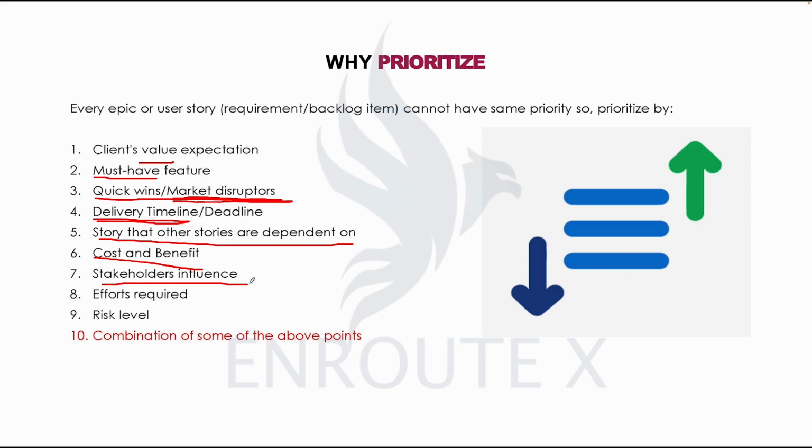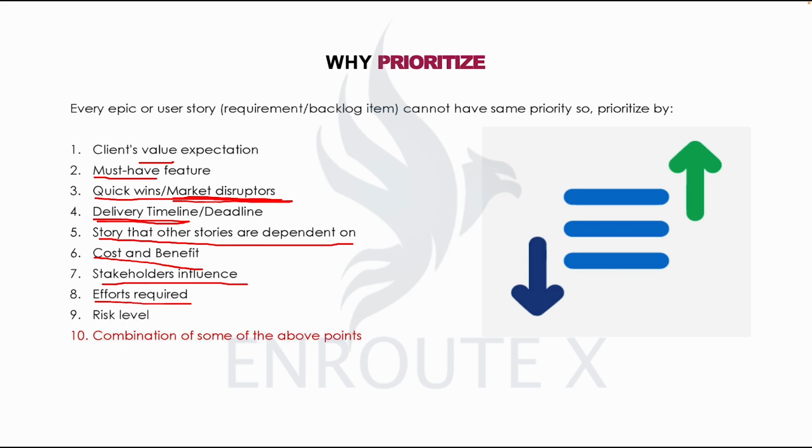Let's take, for instance, you are building some structures for the government, and a particular key government stakeholder wants some of those to be delivered to some specific places first. So that is a major influence that you want to consider.